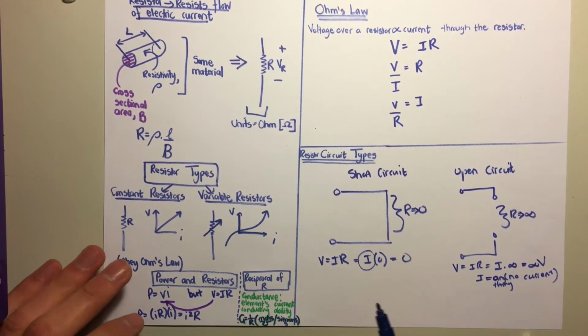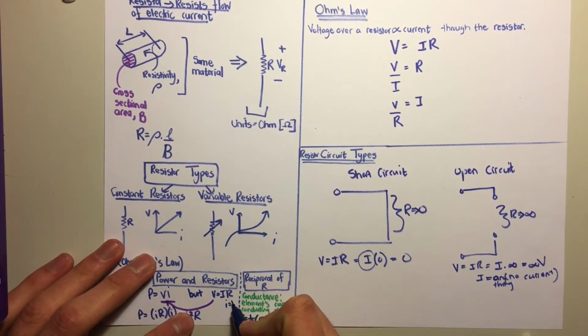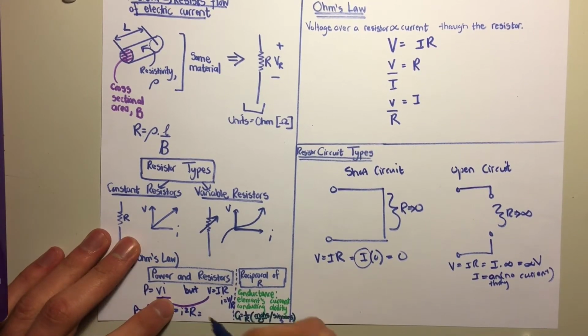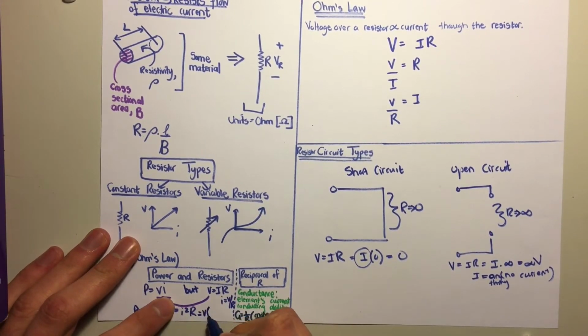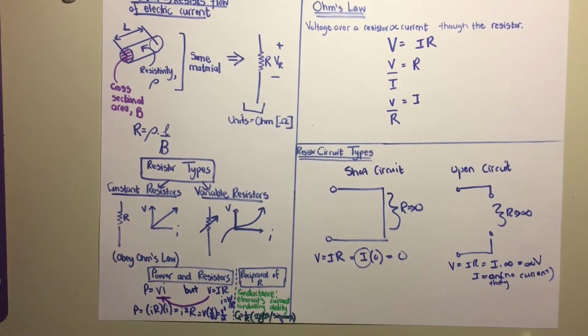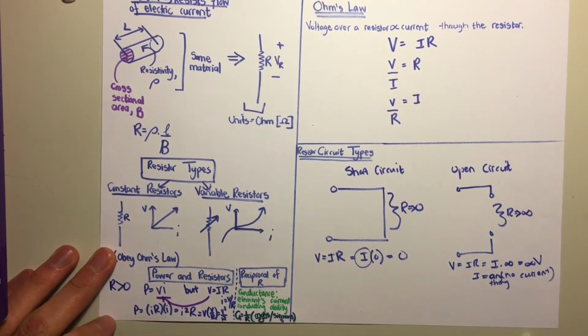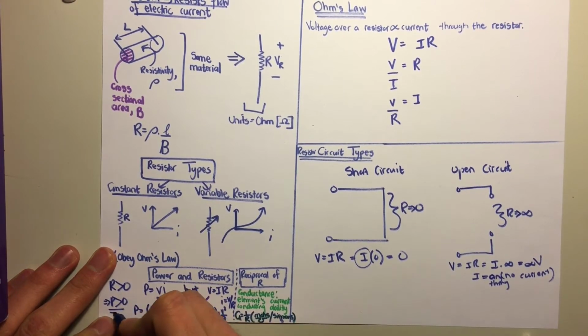I is equal to V over R from Ohm's law, in which case P equals VI, you would sub in for I, so that would be V times V over R, which would be V squared over R. A note to make about this is that resistance is always greater than 0, because you cannot get negative resistance, which also implies that the power in a resistor is always greater than 0.